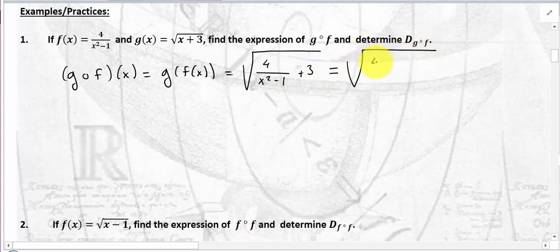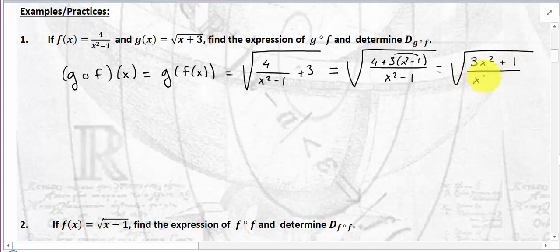So I have 4 plus 3 times x squared minus 1, over x squared minus 1. And so it is the square root of 3x squared, right here I would have minus 3 plus 4 is plus 1, so 3x squared plus 1 over x squared minus 1. Okay? So this is g of f, the rule of assignment for g of f.